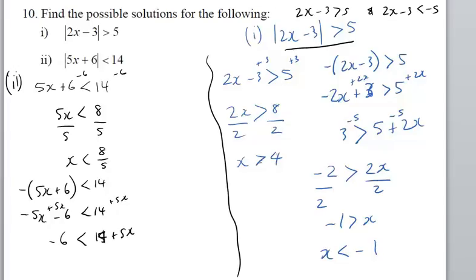We want 5x by itself, so we're going to minus 14 and minus 14. Minus 6 minus 14 gives us minus 20 is less than 5x. We divide by 5, and we end up with negative 4 is less than x. Or we can write, x is greater than negative 4.